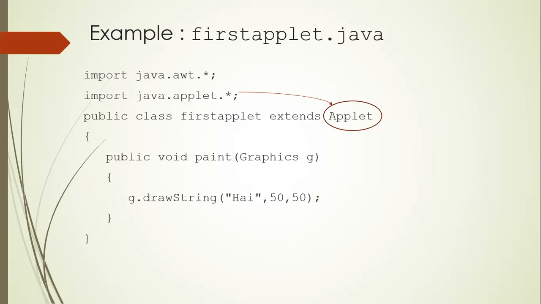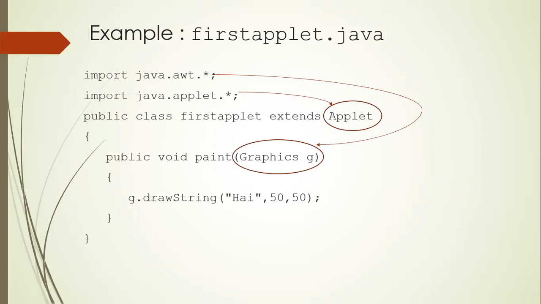Then inside the applet class, we have a method called paint. This paint method is used to load the applet inside the web browser. It will have one parameter called Graphics, and that class is available from the package called java.awt.